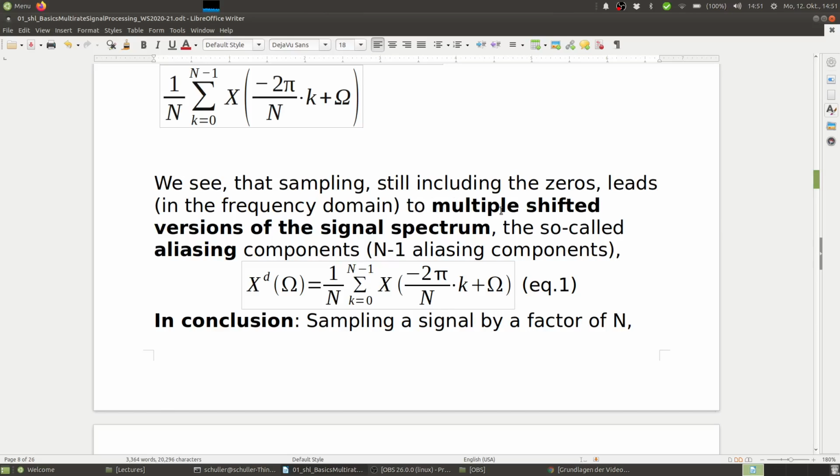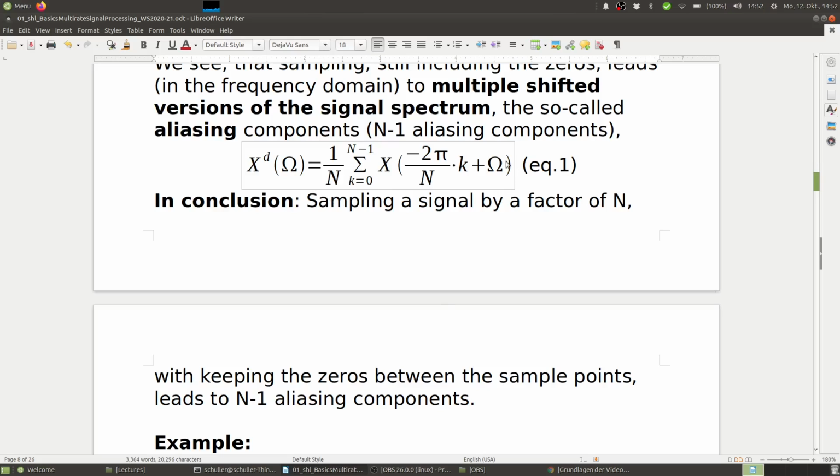So we have multiple shifted versions of the signal spectrum, and these are the so-called alias components. We have N-1 alias components. Here I use aliasing as a term for those spectral copies, and sometimes in the literature you see this term used only when you have overlapping spectral copies. And since we don't really know if it's overlapping or not, I call them in general aliasing.